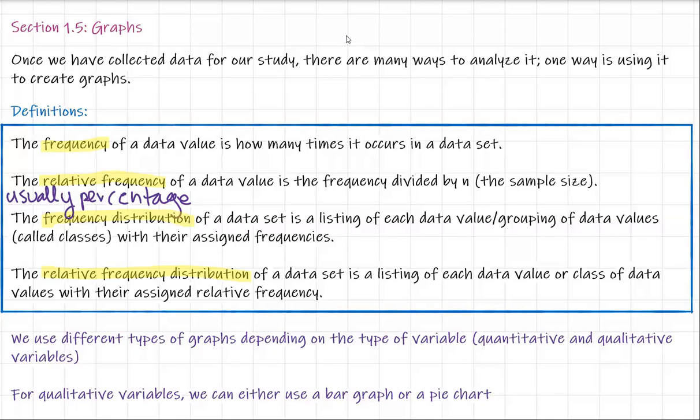Some graphs you might already be familiar with are bar graphs, pie charts, line graphs, maybe histograms if you've seen those before, box and whisker plots, etc. We're going to be seeing those a lot in the coming sections, okay? And especially in this section, we're going to start with qualitative variables. With qualitative variables, we will use either a bar graph or a pie chart.